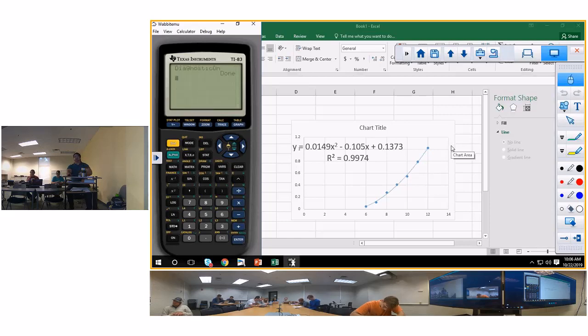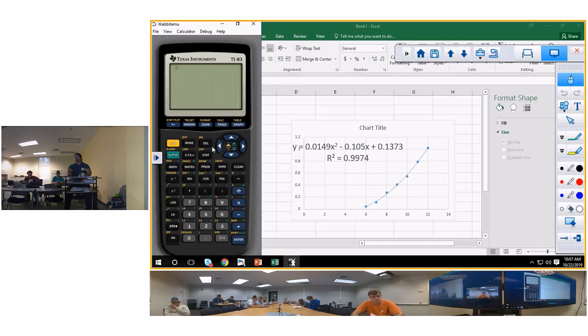Now what that does is that gives you more information on your linear regression. Scroll down until you get to Diagnostic On, hit enter, enter, and when it says done, you're done. You have to do that whenever you turn it on, because the calculator doesn't keep a memory.